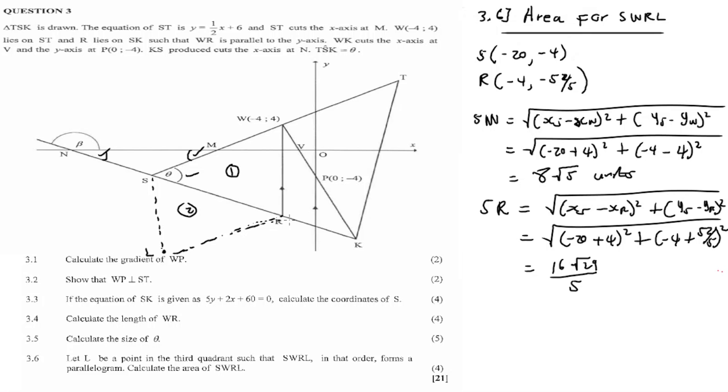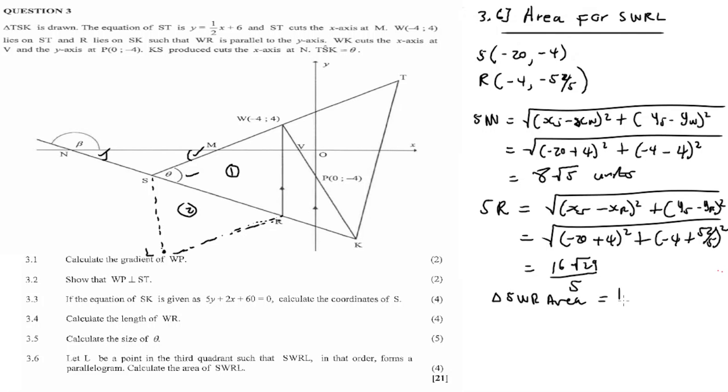Now we have the lengths for the adjacent sides. I also have angle theta. Now I can use the area rule. What is the area of triangle SWR?